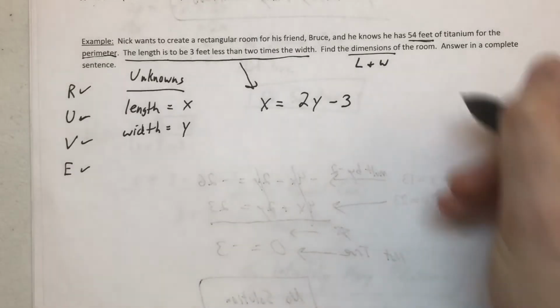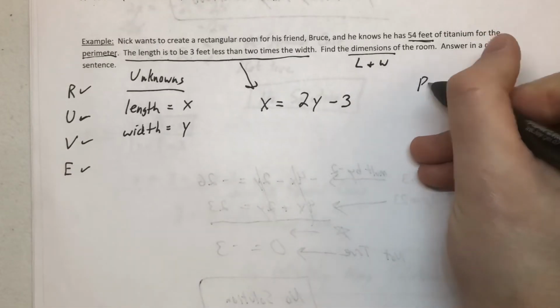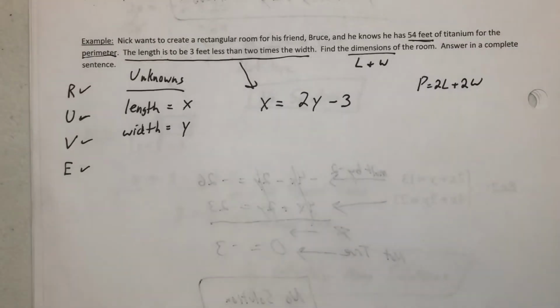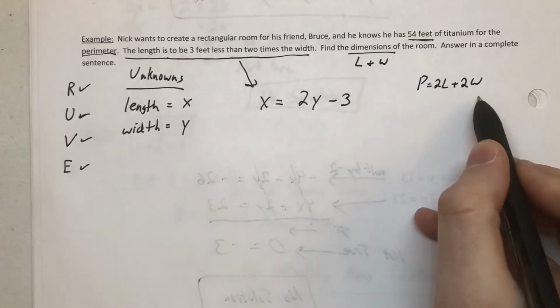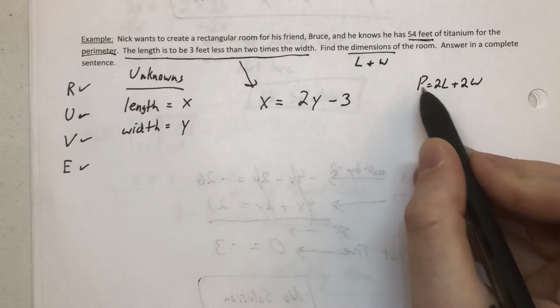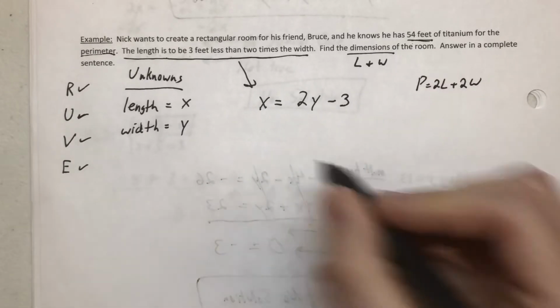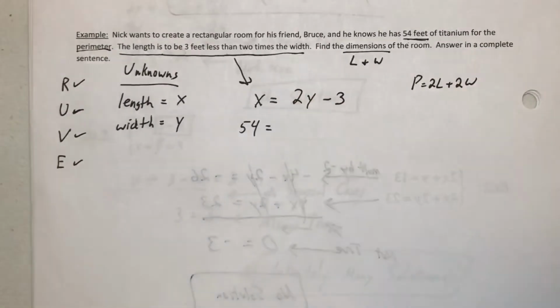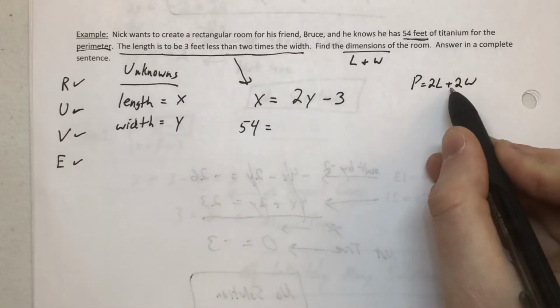Now, just as a reminder, off to the side here, our perimeter formula for a rectangle was P equals 2L plus 2W. So I'm going to use this formula, but for the perimeter, that's a number they've given me. So I've got 54 for that perimeter equals, and then 2L plus 2W.